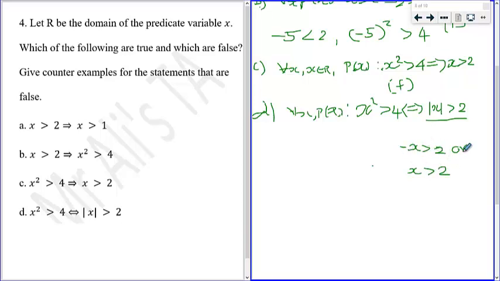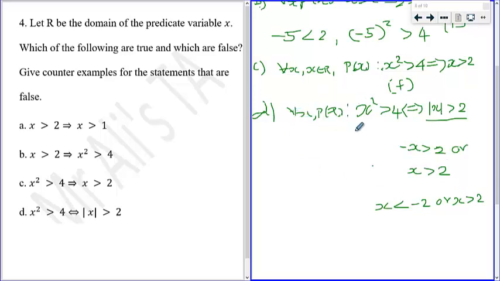Now if you simplify this with your knowledge of inequalities, you get x is less than negative 2, or x is greater than 2.